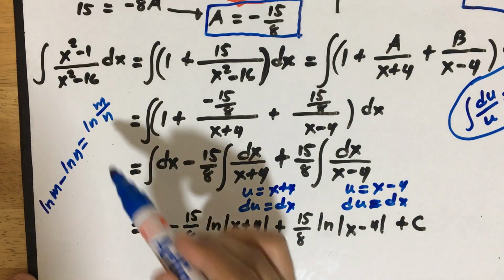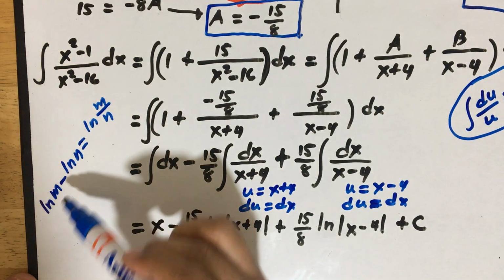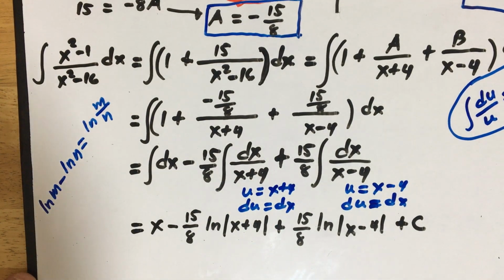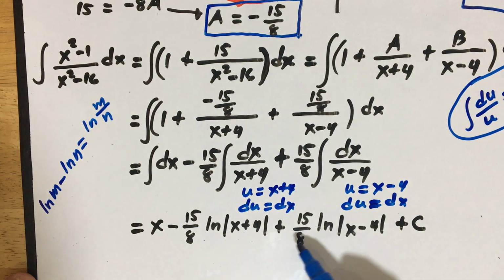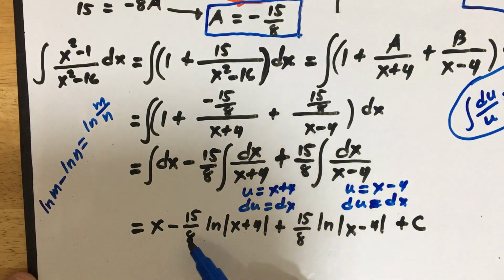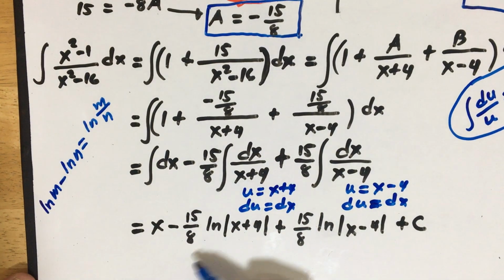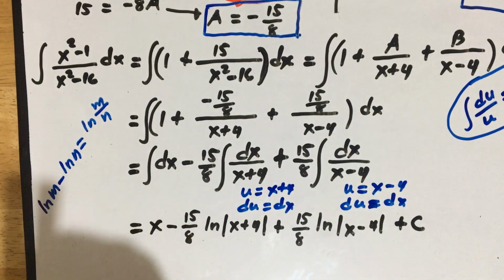So let's make use of this rule, class, in our result. If you look at the result, we can still factor the common 15 over 8 and then rearrange.